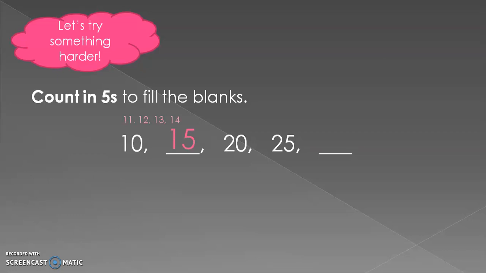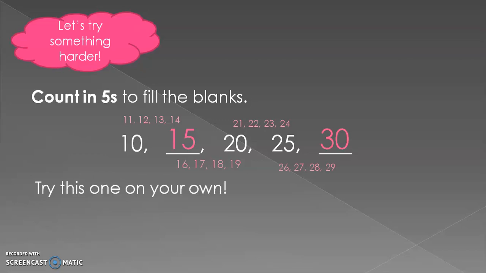After that, next 5, 16, 17, 18, 19, 20. 21, 22, 23, 24, 25. And the next 5 numbers after 25 is 26, 27, 28, 29, 30. So that is counting by 5s. Try this one on your own.